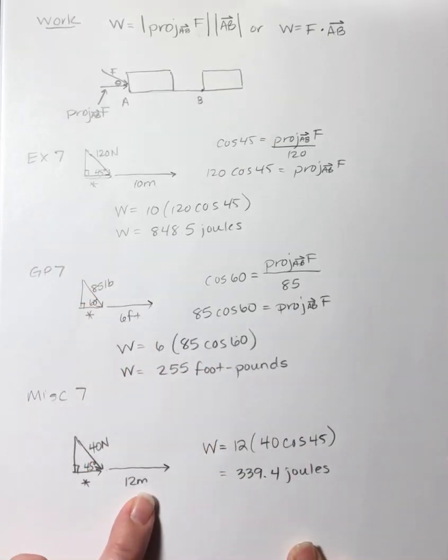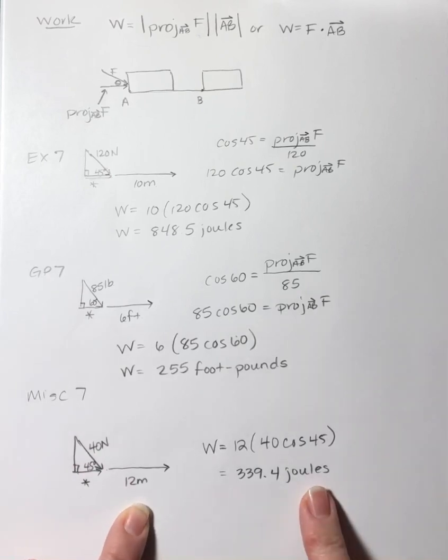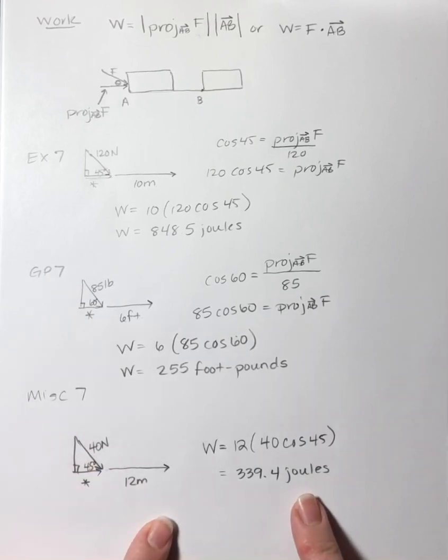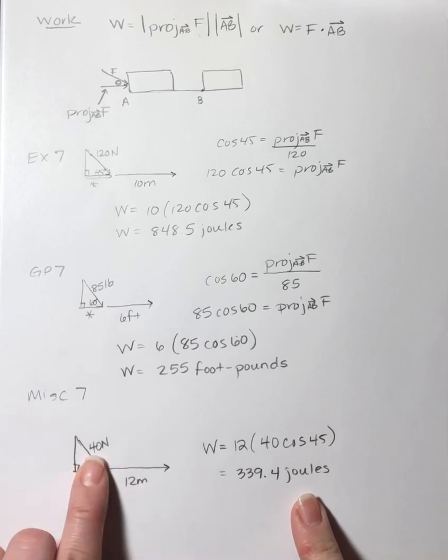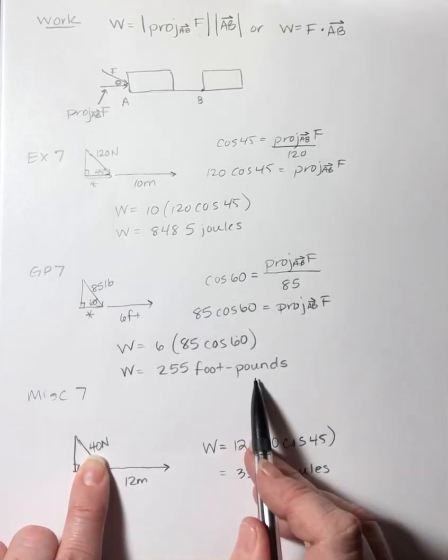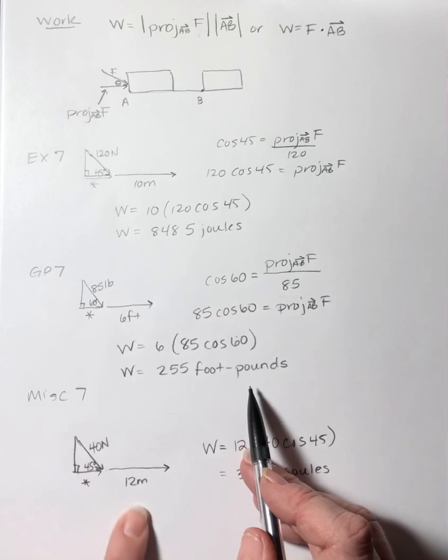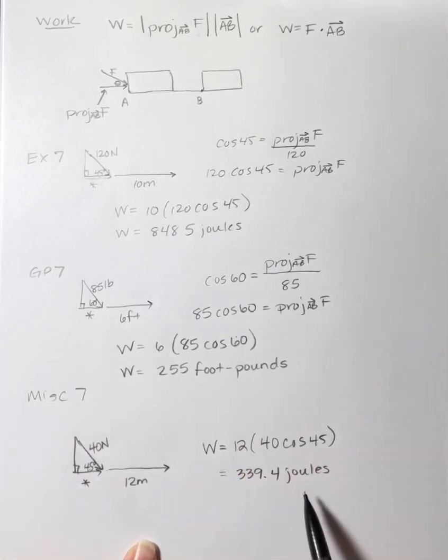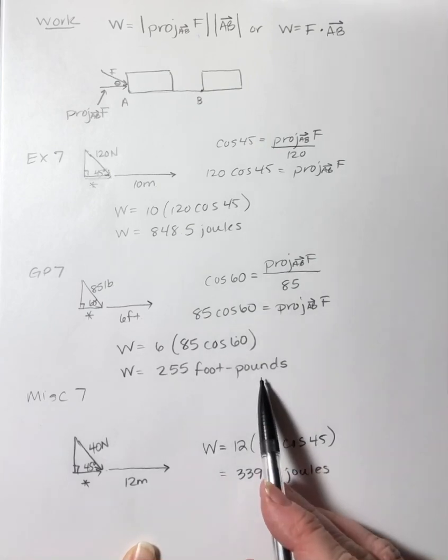If this is in newtons and meters, it changes to joules. This can also be called meter newton, just as this is foot-pounds, this is newtons and meters, but this has its own unit. This is still called foot-pounds.